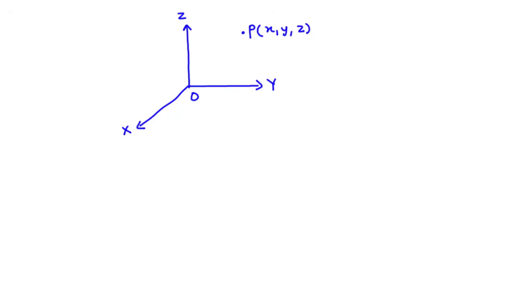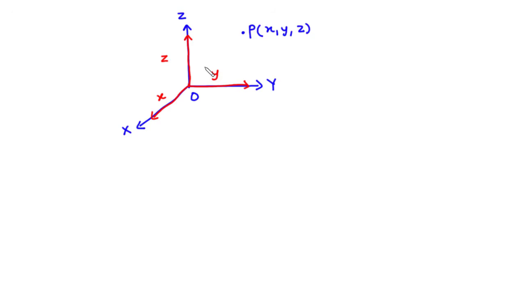Now what this primarily means is that in order to move from point O to point P, we need to move some distance along the x-axis, some distance along the y-axis, and also some distance along the z-axis in order to arrive at point P.